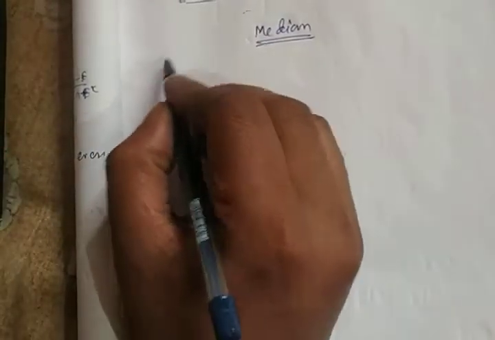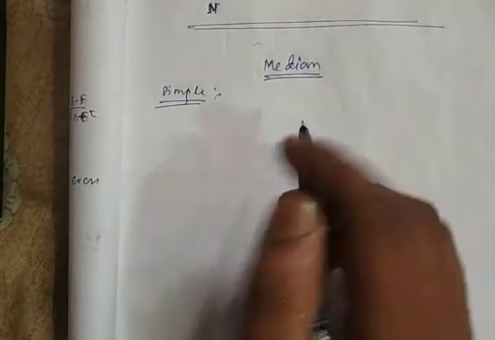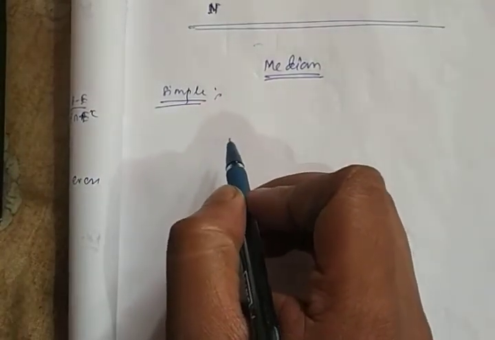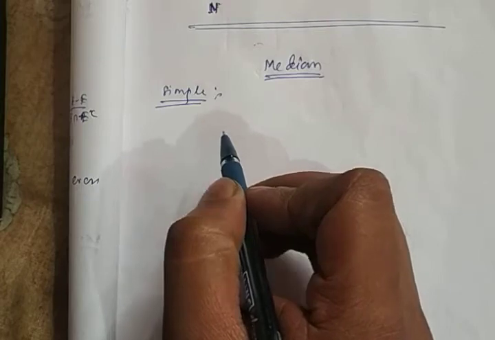Now, the median for simple distribution. As we said, the middlemost value is the median.